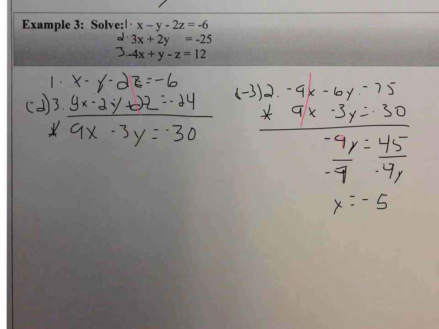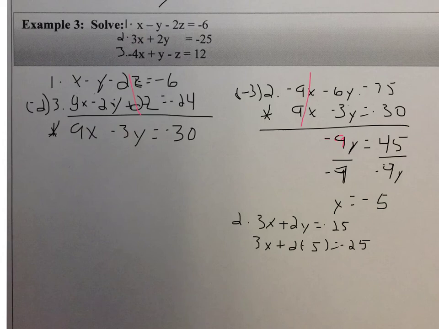I can use one of my two equations, either 2 or star, to find x. So if I just plug it into equation 2, I'm going to take 3x plus 2y equals negative 25, and I know that y is negative 5, so 3x plus 2 times negative 5 equals negative 25.